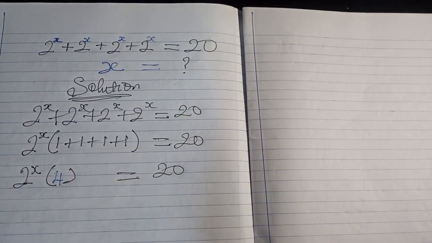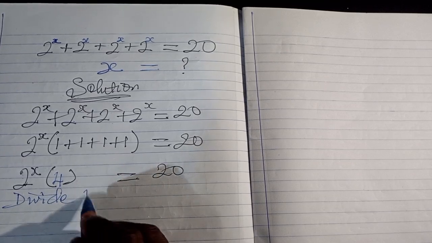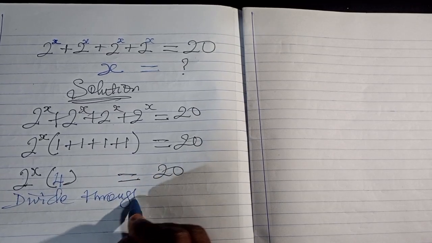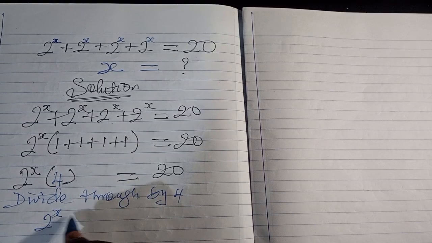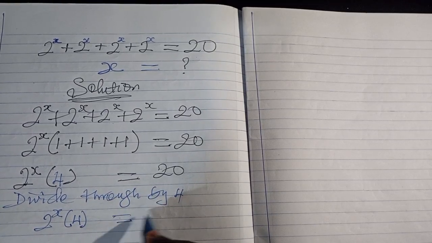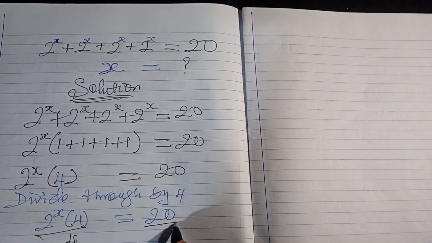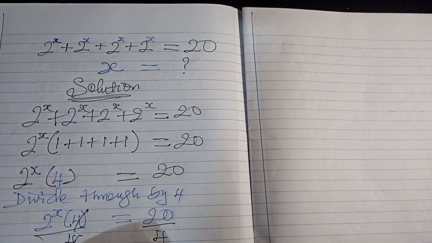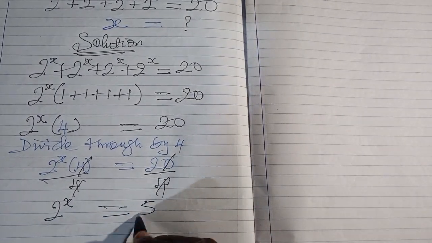Now we are going to divide through by 4. We have 2 raised to the power x times 4 equals 20. Dividing by 4, the 4s cancel and you have 2 raised to the power x equals 20 divided by 4, which is 5.